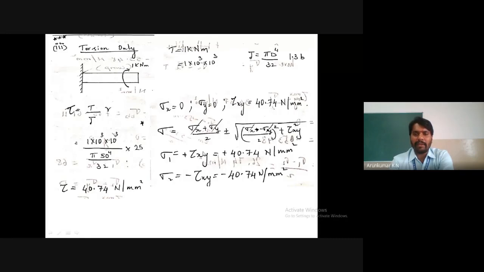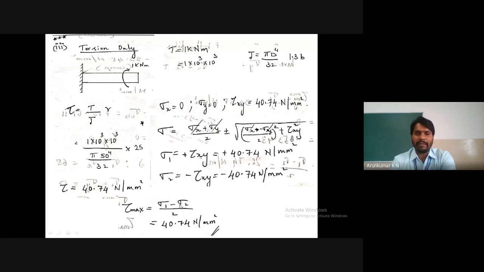The square root cancels the square, remaining with plus tau of xy for maximum, and minus tau of xy for minimum. So plus 40.74 Newton per mm square is the maximum principal stress and minus 40.74 is the minimum principal stress. Tau maximum is sigma 1 minus sigma 2 by 2, so the maximum shear stress is 40.74 Newton per mm square.